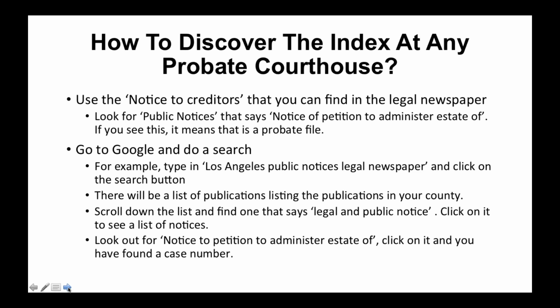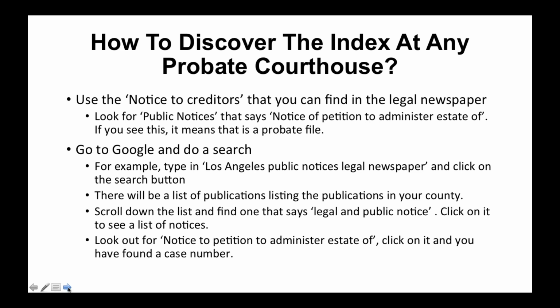You can do a Google search, like type in Kansas City Public Notices legal newspaper, and you'll get a list of publications. Find one that says legal and public notice, and most of them are pretty advanced now.